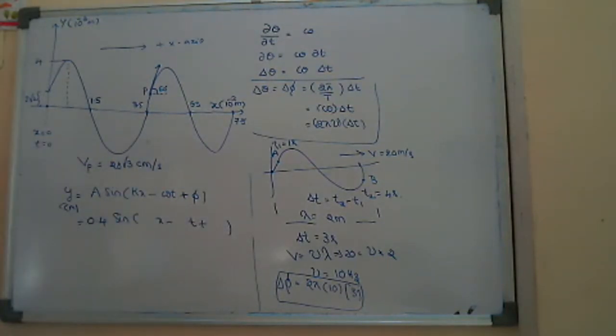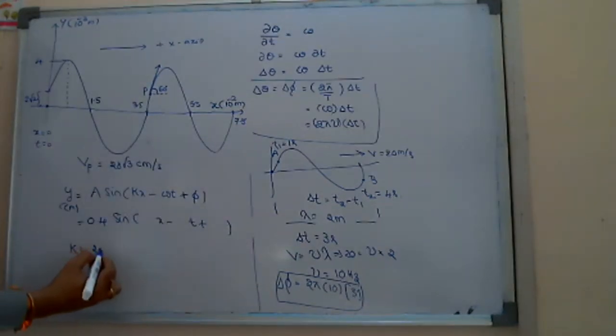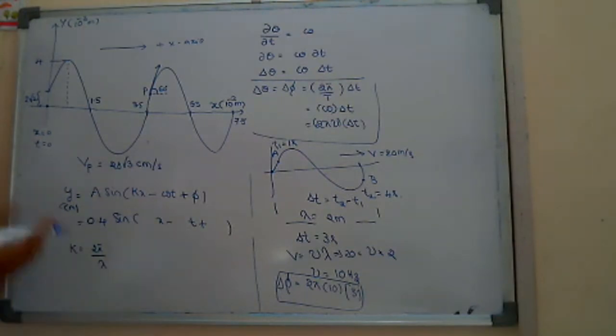K is not directly given. So can we use the equation k equals 2 pi by lambda? Yes, sir. In that, are you getting any idea how to find the wavelength? Sir, lambda means the total wavelength, no, sir? Not the total wavelength.